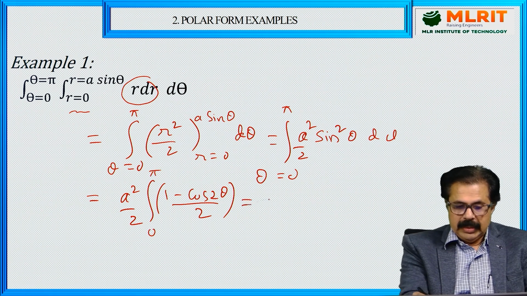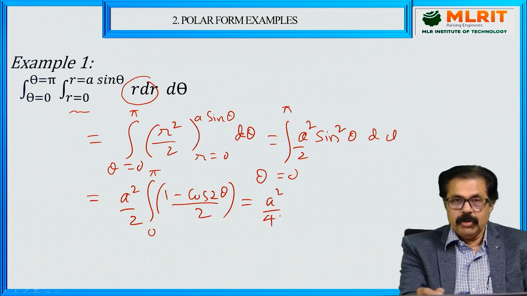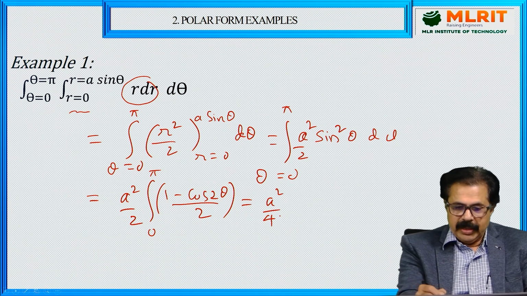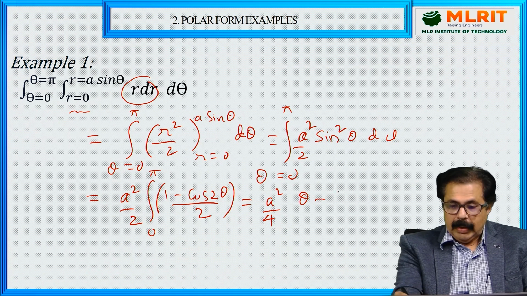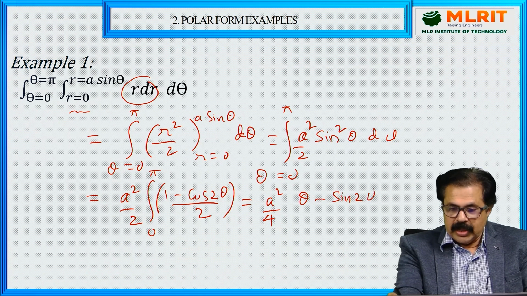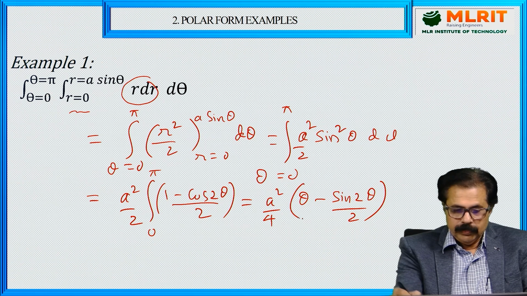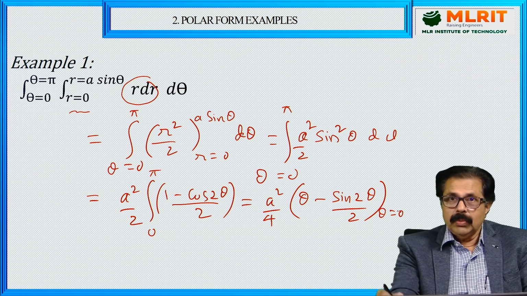Now it is a square by 4 because 1 by 2 will come out. One integration is theta minus, the integration of cos 2 theta, sin 2 theta upon 2, theta equal to 0 to pi.